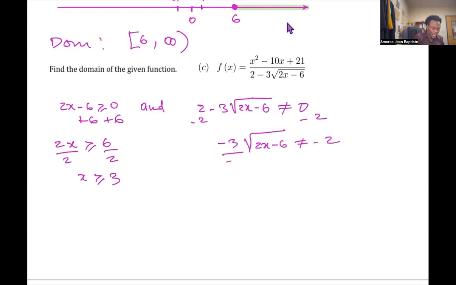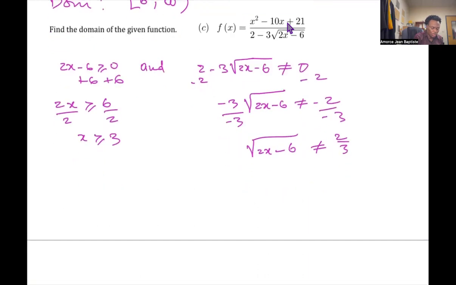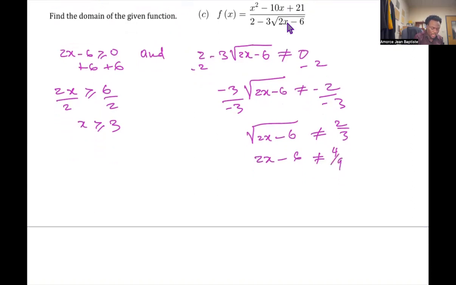If we divide by negative 3 on both sides, square root of 2x minus 6, we want it not to be 2/3. If we square both sides, 2x minus 6, we want it to be not 4/9. And then we can add 6 on both sides.